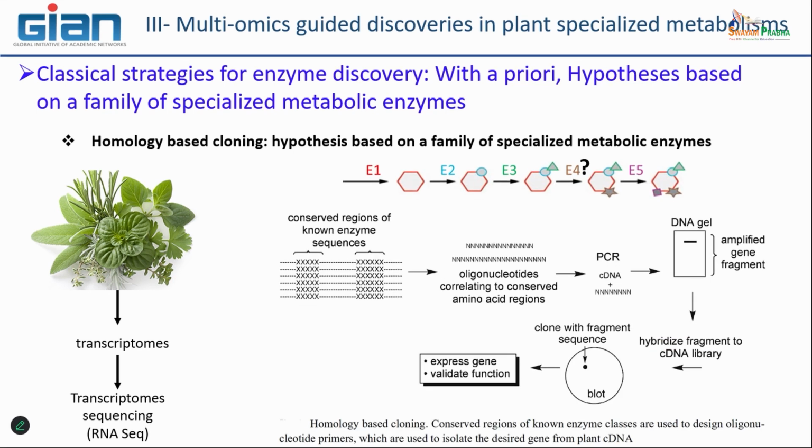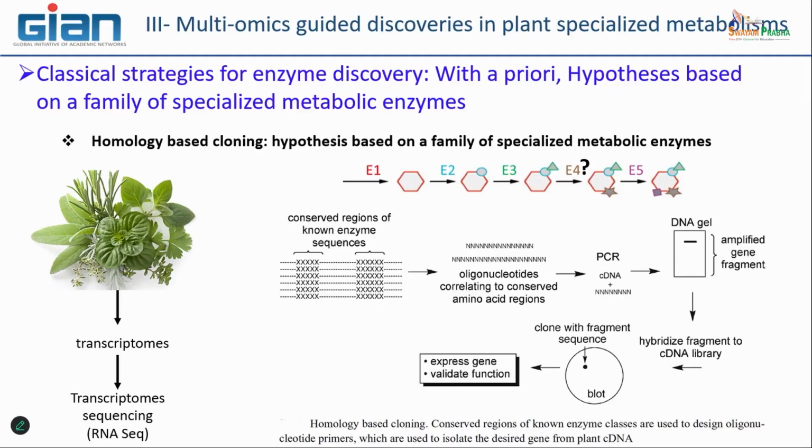On the other side, you have an idea of the different modifications of a precursor that lead to the final molecule. And you know that you have several enzymes that catalyze each step of, for example, this portion of a metabolic pathway. You can imagine here, you know the first one, second and third one, and the last one, but you don't know this enzyme.